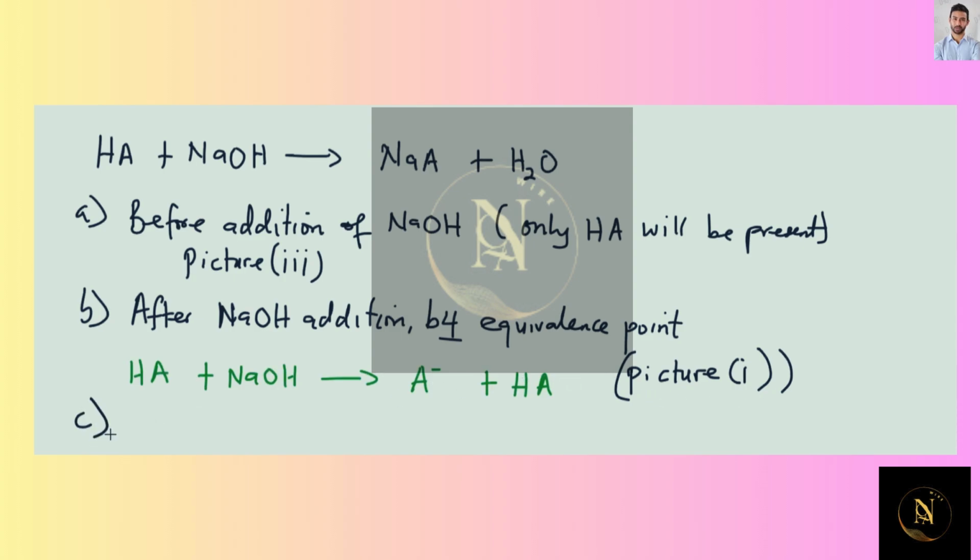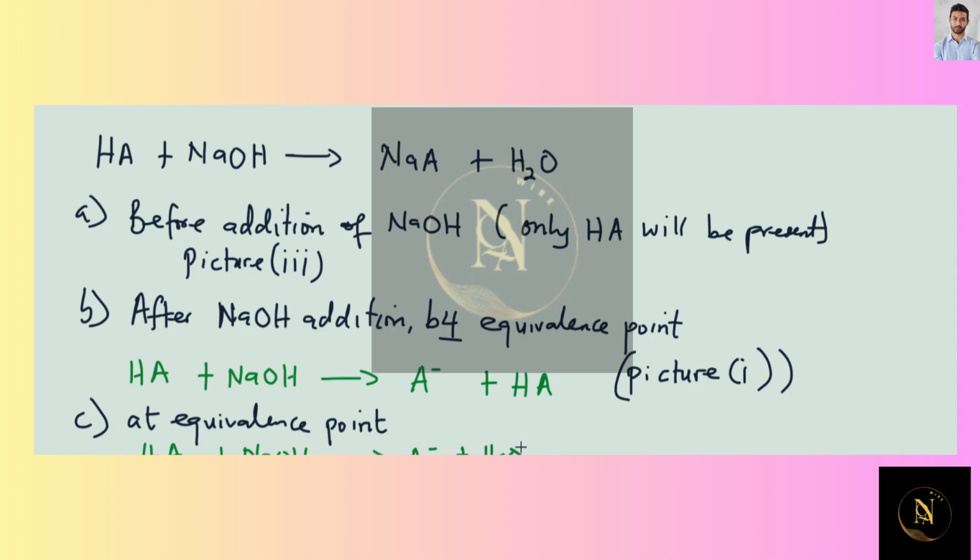Then C said at equivalence point. So at equivalence point, we have HA equal amounts with NaOH equal amounts, and we will form A minus and water.